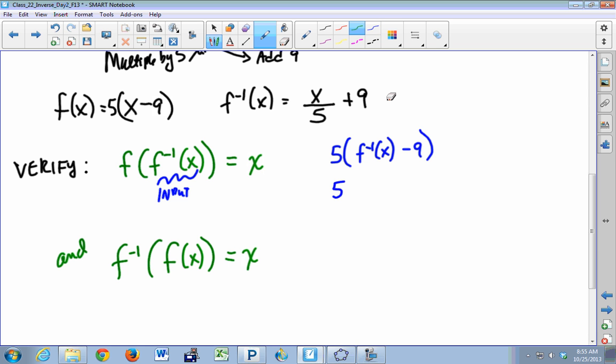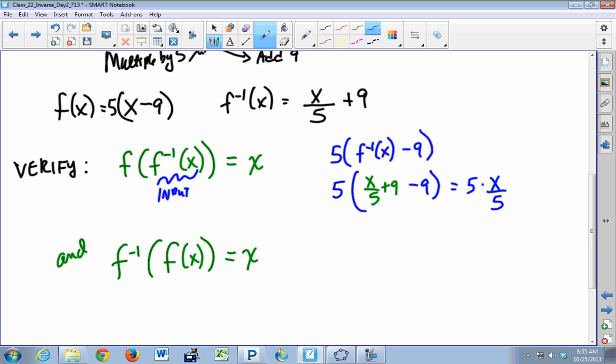So I'm going to replace f inverse of x with what it represents, x divided by 5 plus 9. Then I'm going to subtract 9 from it because that's part of f. And then I simplify all that inside the parentheses. So 9 take away 9 is 0. So this gives me 5 times x divided by 5.